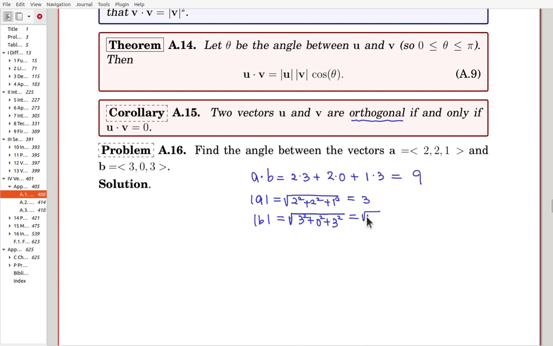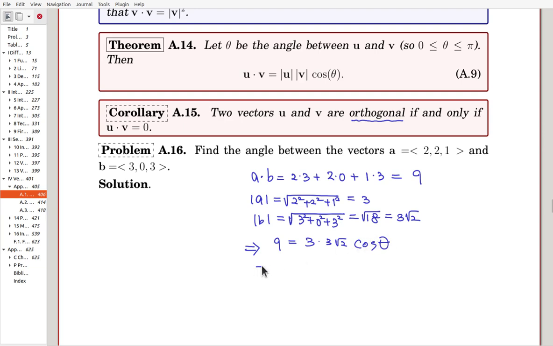So the square root of 18 is 9 times 2, which is 3 square root of 2, right? So by using these components, we can write here 9 equals A dot B. 9 is the same as 3, the norm of A, and the norm of B is 3 square root of 2, times cosine theta.